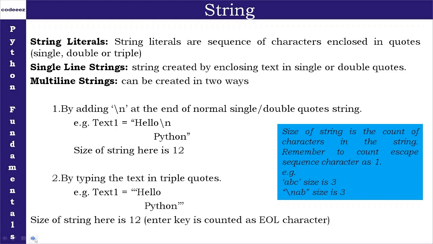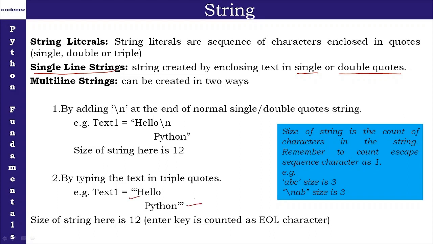Now what is the difference between triple quotes, single quotes and double quotes? When we are representing a single line string, it can be represented in single quotes or double quotes. But if we want to represent a multi-line string, we make use of triple quotes.